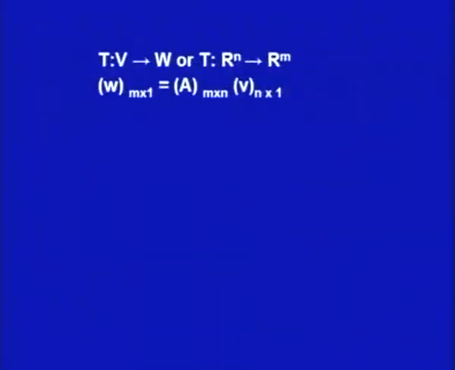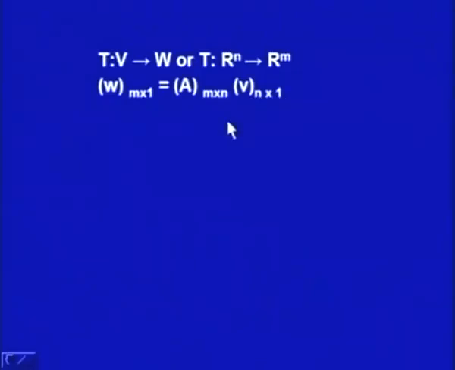Now if we have T a linear transformation from V to W, or we can say T is a transformation from Rn to Rm, then w, which is a column vector m by 1, is equal to the m by n matrix A multiplied by the column vector v, n by 1.